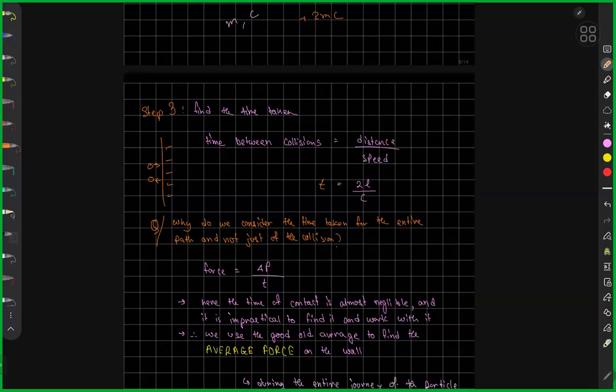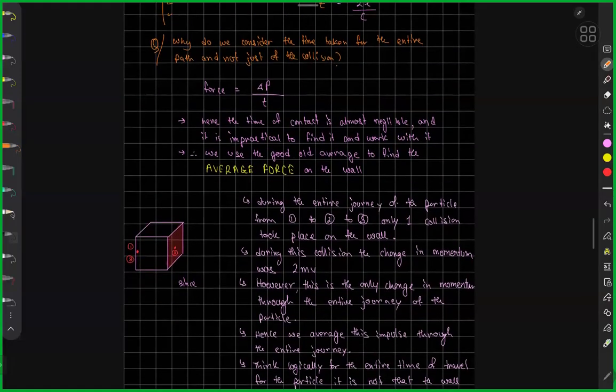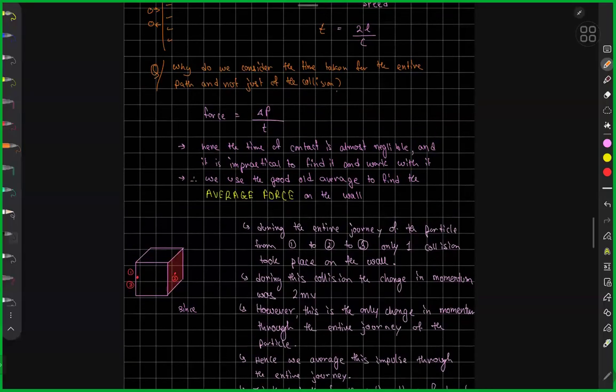Now coming back, why is this time considered? Why do we take the entire journey? Valid question, good question. I took 1 week to understand this, and even then I wasn't satisfied. Think of it logically. Take a step back. First problem we have is time of collision is negligible.